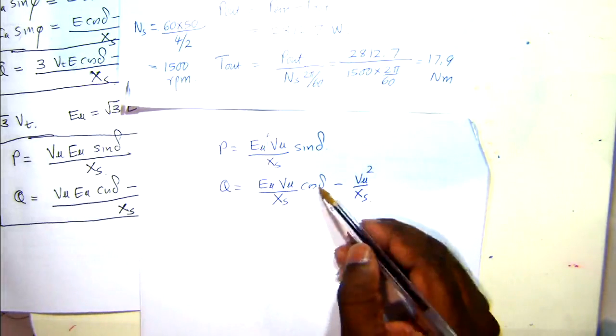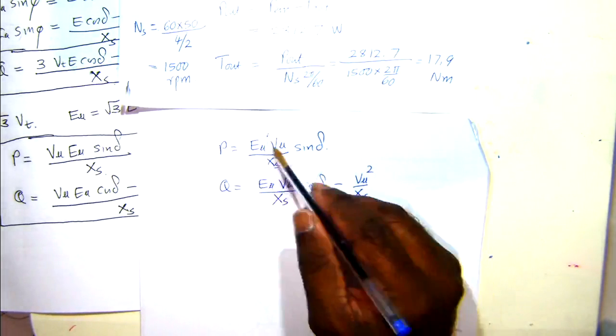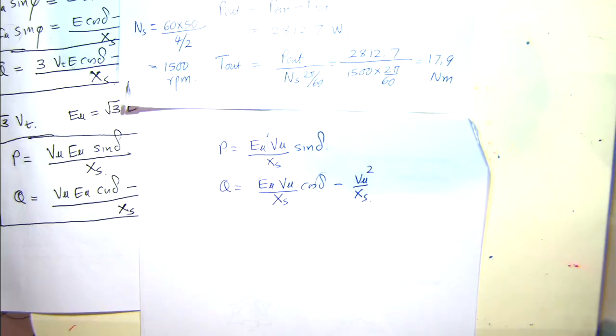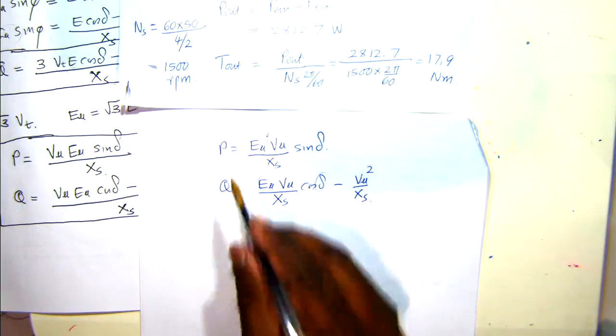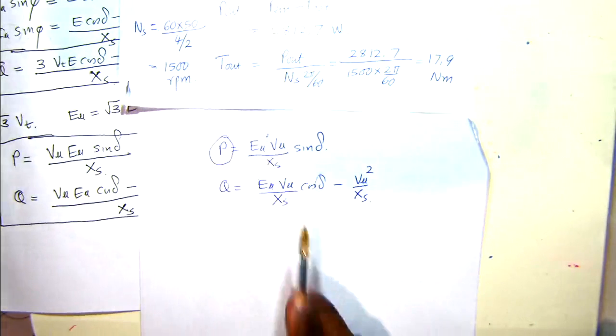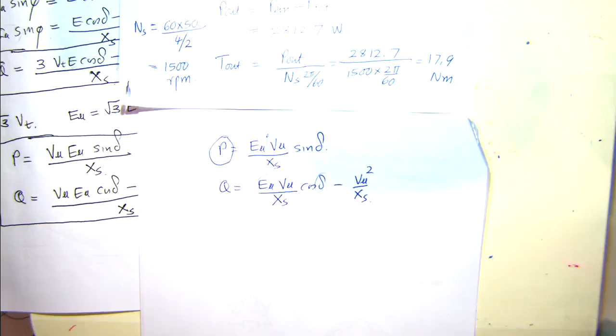If you change any of these parameters, your reactive power and real power will change. But the load is consuming the same amount of real power, so this is fixed. So you need to change excitation voltage and delta in such a way that you deliver the same amount of real power.